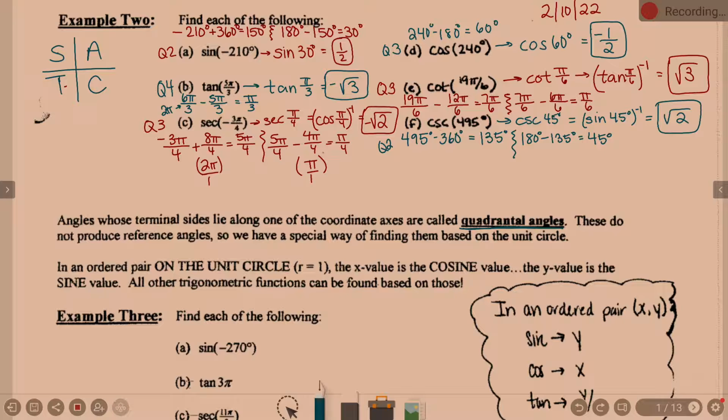Because officially, if you go, well, my brain said 1 over square root of 2, but if I rationalize, multiply by square root of 2, then I get square root of 2 over 2. Okay?